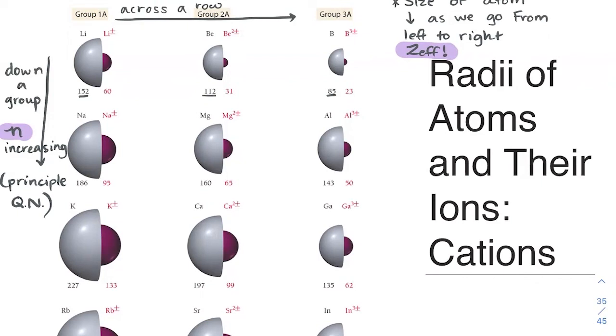Now, notice the red dots now in comparison to the gray. If we look at the relationship here, lithium to lithium plus 1 cation, or beryllium to beryllium plus 2 cation, cations are always smaller than their parent atom.